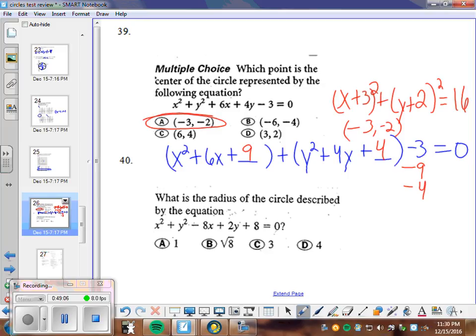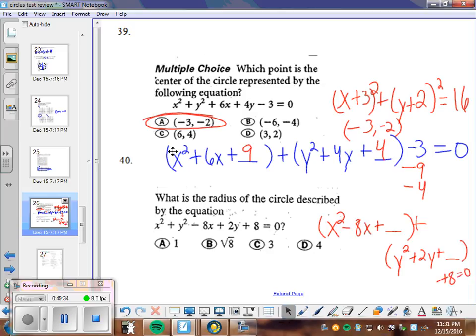Okay. What is the radius of the circle described by the equation? All right, again, we're going to complete the square. X squared plus, how about -8x? Let's group our x's. Plus blank plus y squared plus 2y plus blank, and you got plus 8 equals 0.